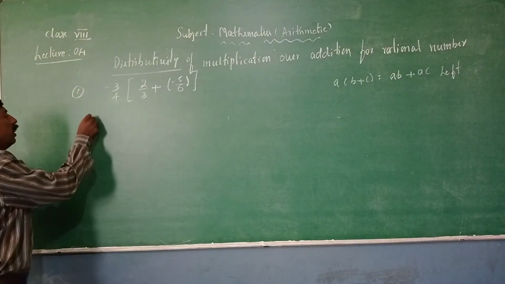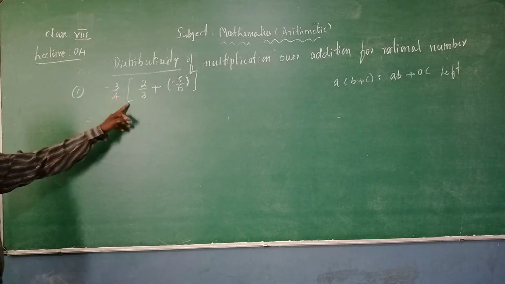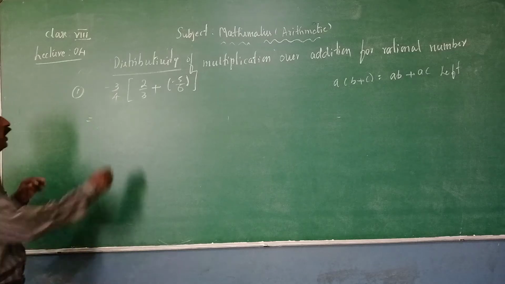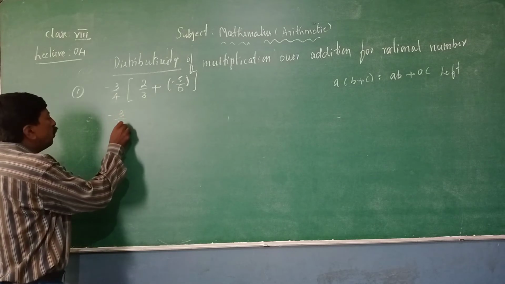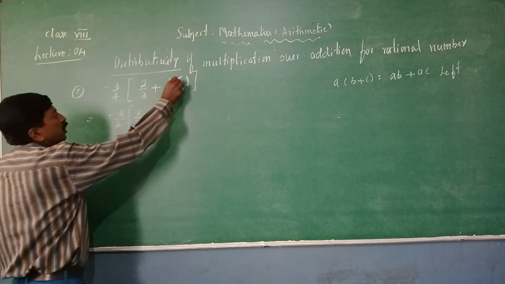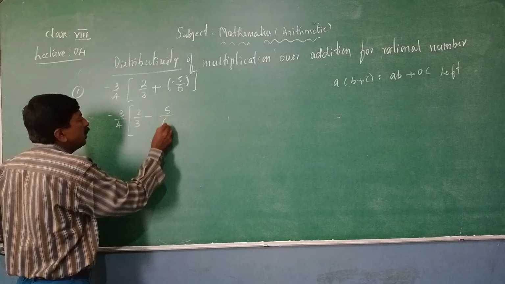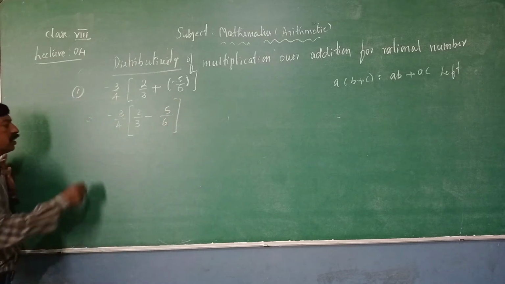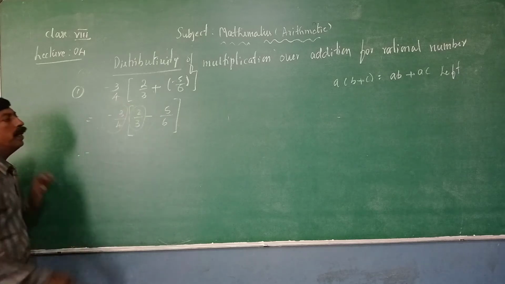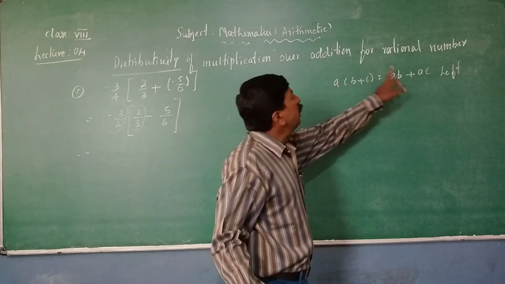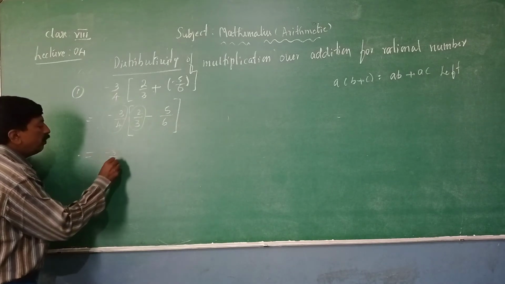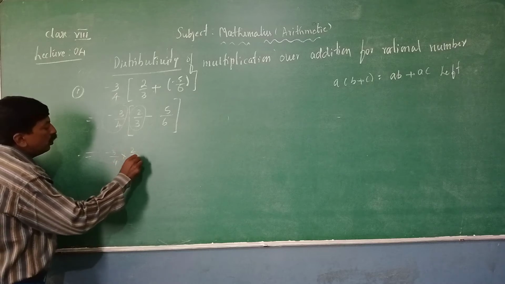In the same way, minus 3 by 4 of 2 by 3 plus of minus 5 by 6 can be written as minus 3 by 4 as it is, 2 by 3 as it is, plus minus 3 by 4 into minus 5 by 6. Observe here, A into B: A is minus 3 by 4, B is 2 by 3.